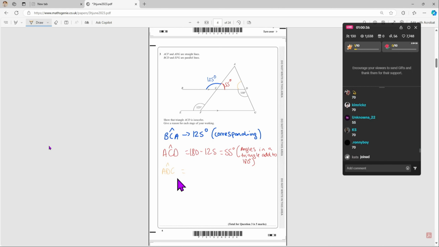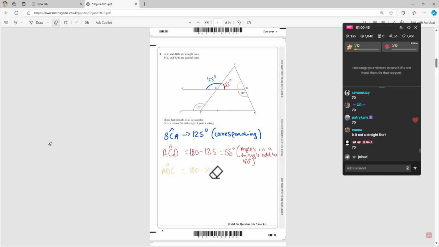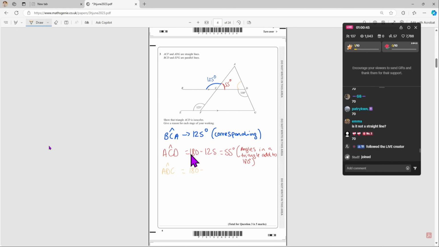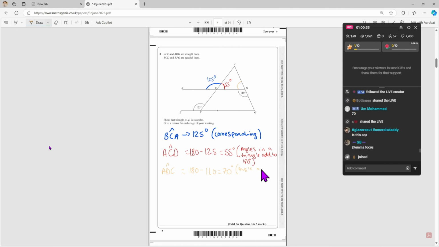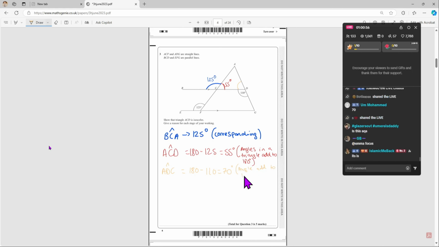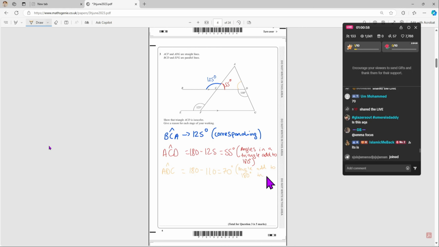Yes, guys, well done. It's 70 degrees. We're going to do 180 minus 110 degrees, which will give you 70 degrees. And it's going to be the same explanation as this one: angles add to 180 degrees in a straight line.